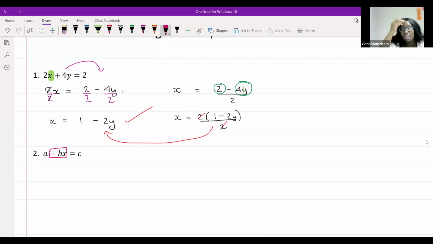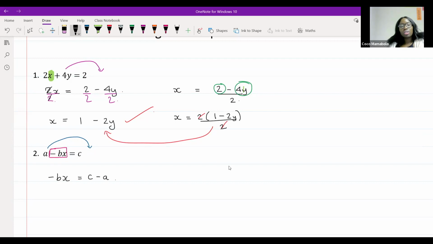Good, Abu, that's it. We want to get rid of the a. And because the a is not multiplied to this thing, it's added to this, I'm going to take it over to the other side. And because it's positive a on this side, it's going to go over and become negative a. So I'm going to end up with negative bx is equal to c minus a, right?